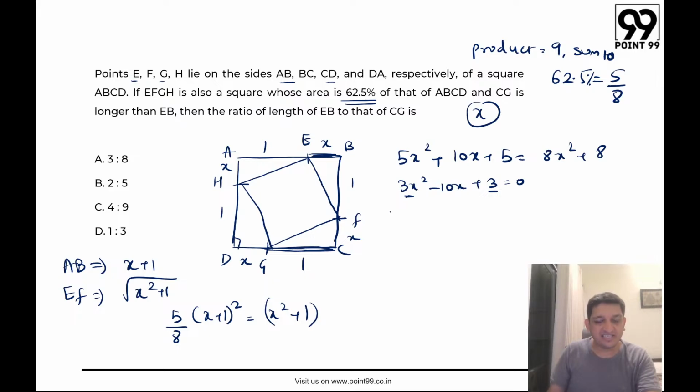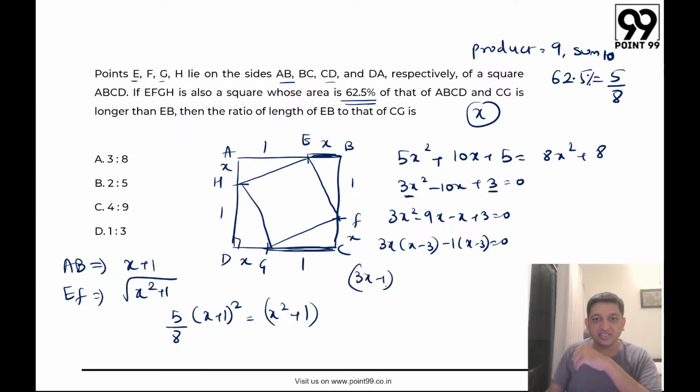So we can say that it is 3x square minus 9x minus x plus 3 equals 0. Now there is a shortcut to this as well, I'll show you the shortcut as well. Now 3x into x minus 3 minus 1 into x minus 3 is equal to 0. So you can say 3x minus 1 into x minus 3 is equal to 0.